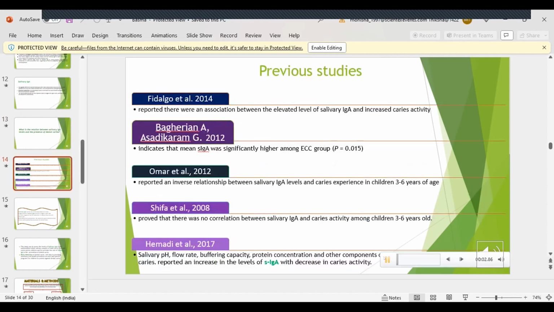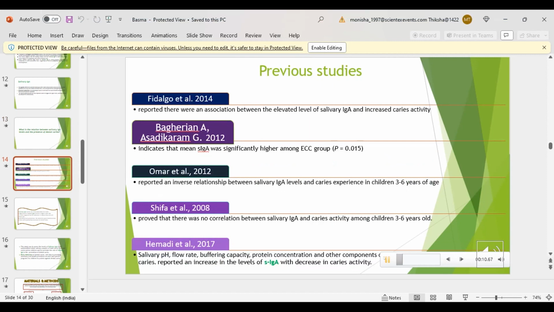Many scientists have gone through this subject. These are some examples of previous studies. Some of them, but the results and the conclusions that they got are controversial. Some of them reported that there is an association between elevated salivary IgA and increased caries activity.